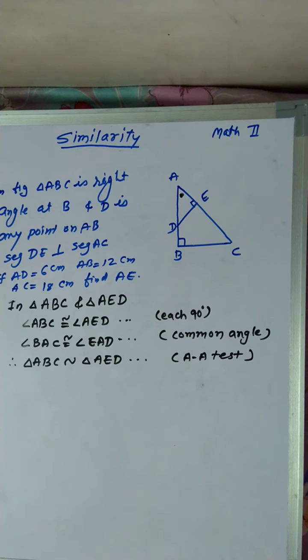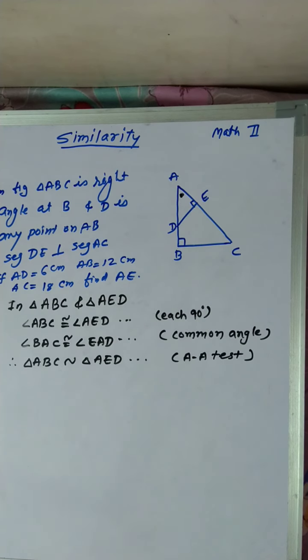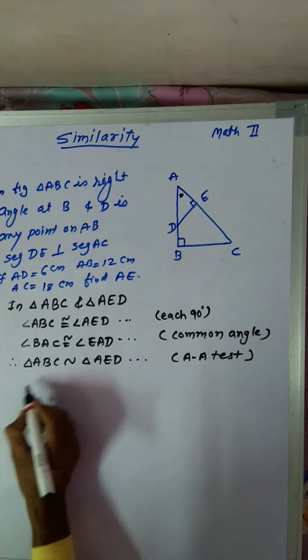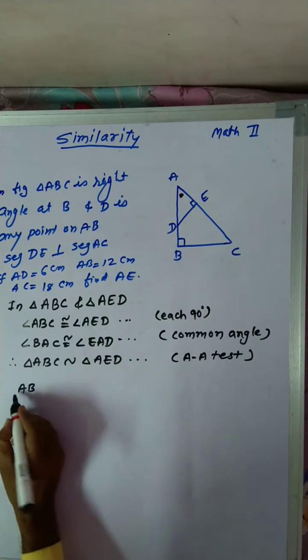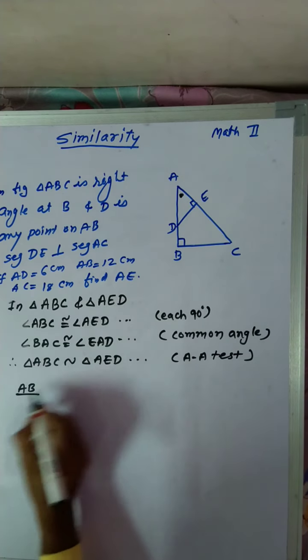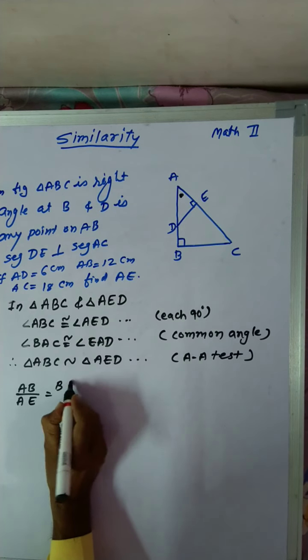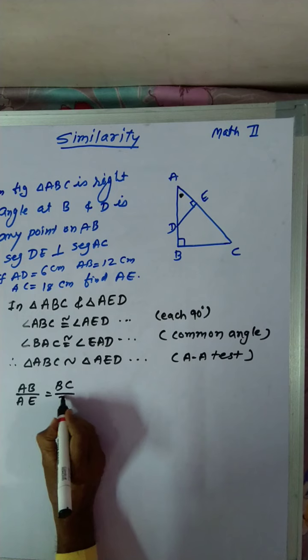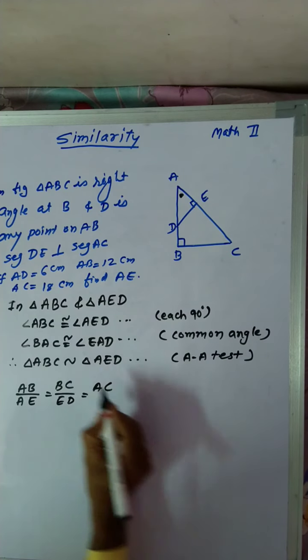These are similar triangles by the AA test. Now these two triangles are similar, hence the sides are in proportion. That means the corresponding sides, AB upon AE is equal to BC upon ED is equal to AC upon AD, the first two, and the first and third.